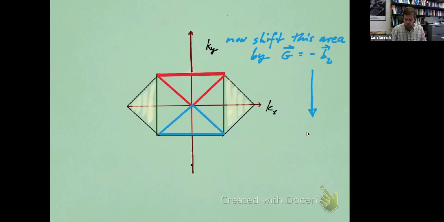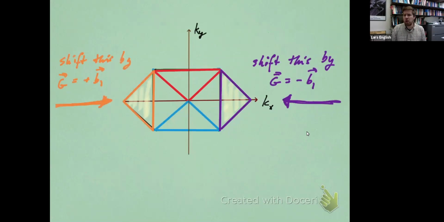And so there's no surprise we're going to get that triangle down here after the shift. Okay, and so we'll handle the two side triangles in the same manner. This one here on the right, we're going to shift to the left by a reciprocal lattice vector of minus b1, and then this one here, we're going to shift to the right using the reciprocal lattice vector plus b1. Okay, and so when we do that, we get basically this.